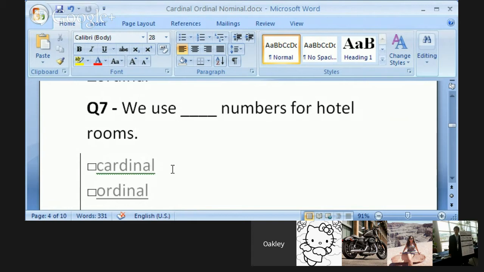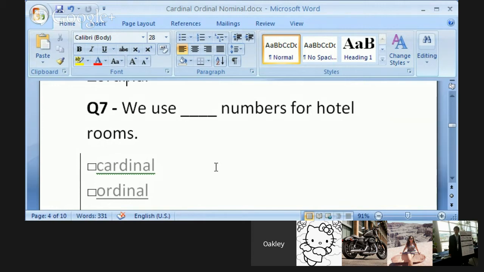So, cardinal numbers, kind of, to a point. Usually in a hotel room, you go on to the first floor, you might have 1, 2, 3, 4, 5, cardinal counting numbers. But in a big hotel, you go up to the second floor and you're going to see room 201, 202, 203. On the 17th floor, 1701, 1702.